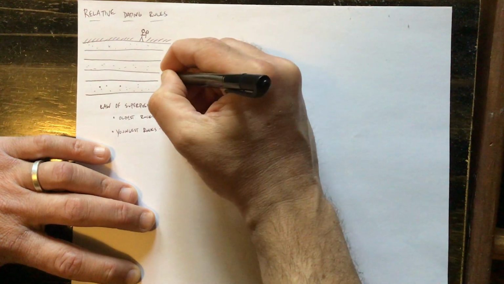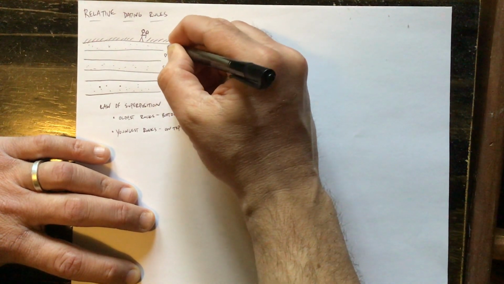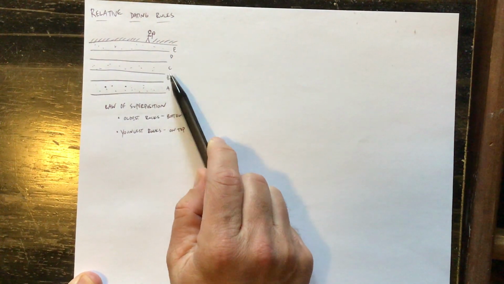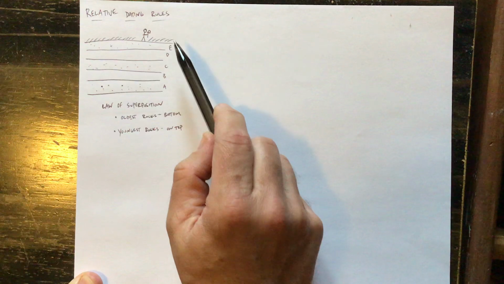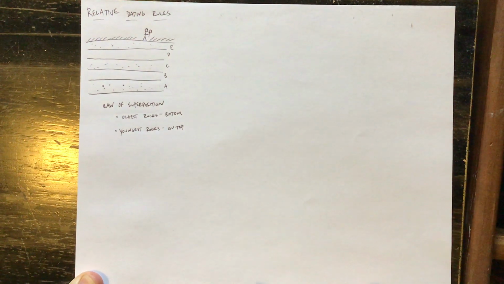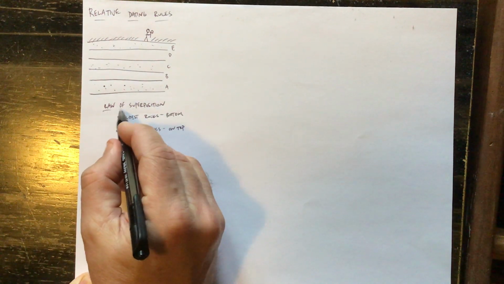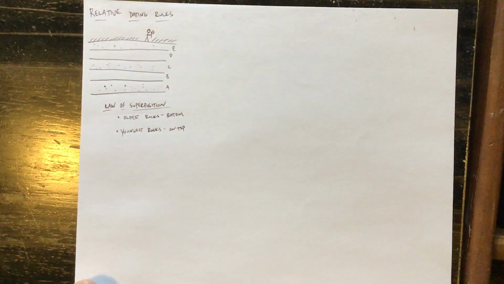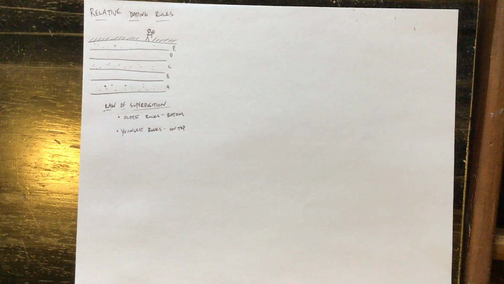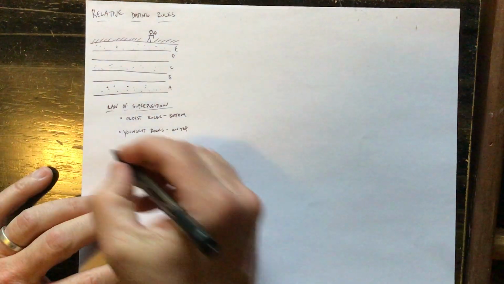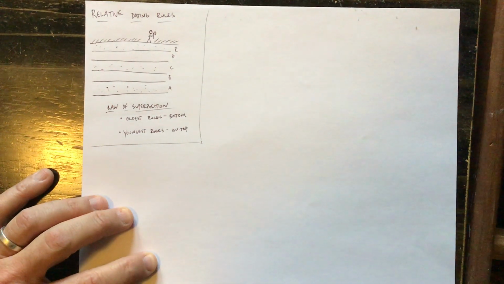So if this was layer A, B, C, D, E, you could say with some confidence that A is older than B, and B is older than C, and C is older than D, and D is older than E. That's how the law of superposition works. And something else that plays into that is the law of original horizontality, which says that sedimentary rocks form in distinct layers. But we won't write that down this time.